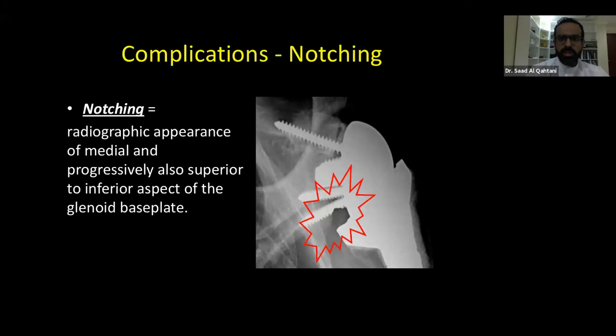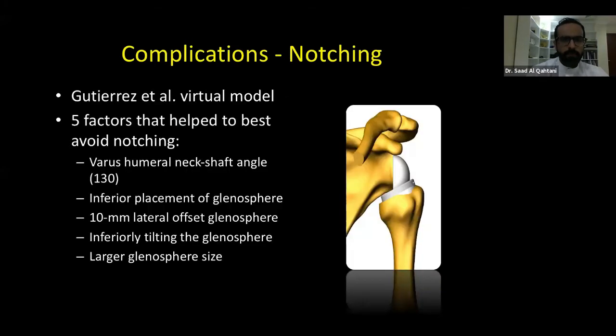As you can see in this X-ray, by notching we mean that there is some radiological appearance medially, progressively going superior toward the peg. Based on this complication, a lot of suggestions and modifications were advised to decrease this notching.